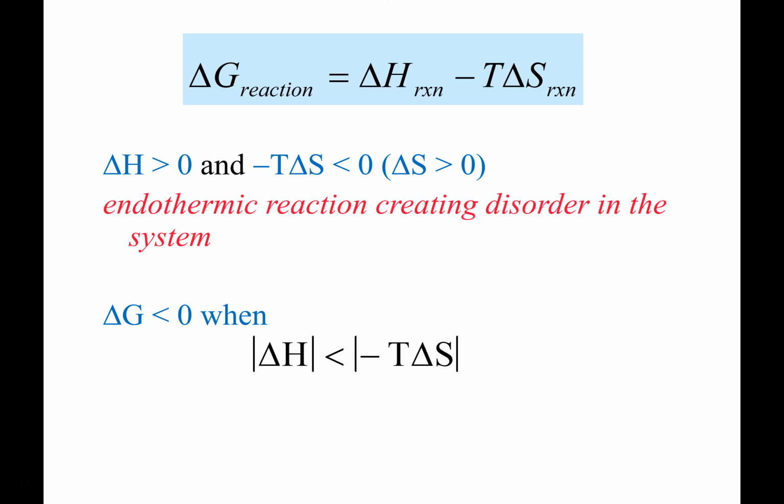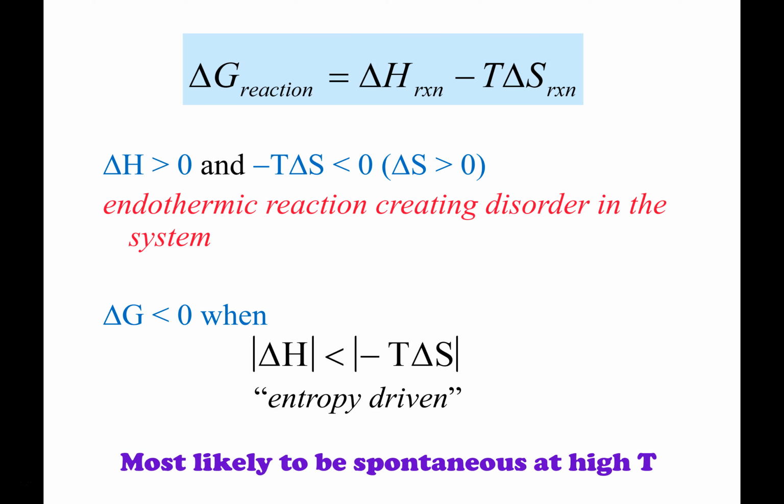It totally can happen, but in this case it will be negative only if the entropy term took over. So we say it was spontaneous, but only because the entropy made it happen, so it's entropy driven. Notice that if we want the T delta S term to take over, you're better off at a higher temperature.